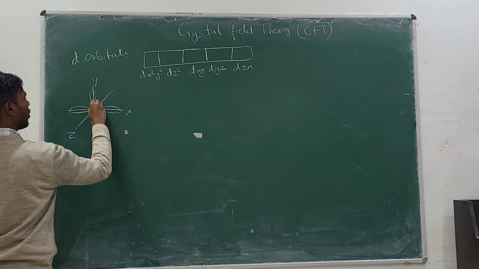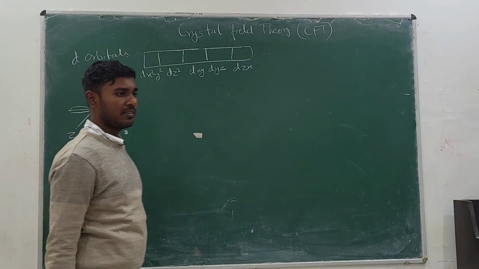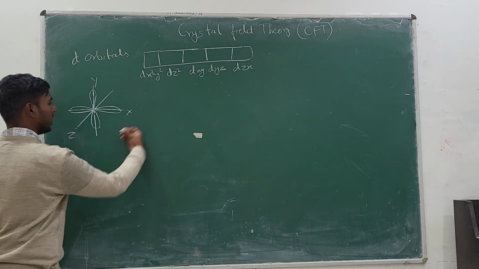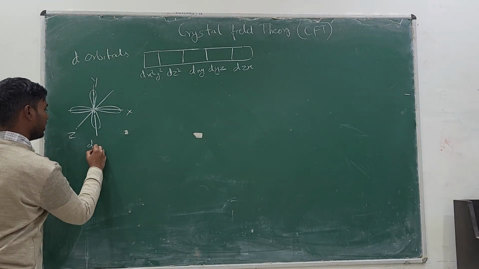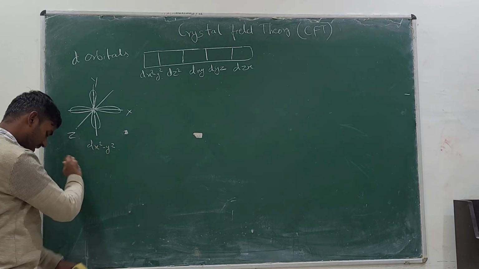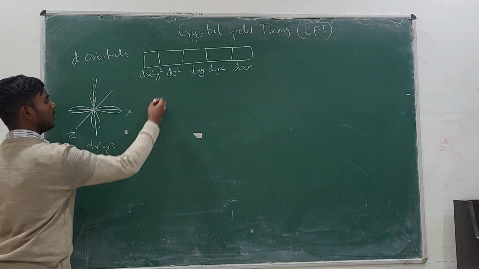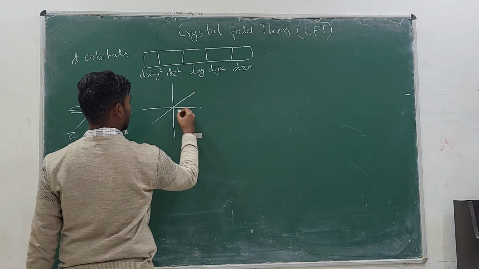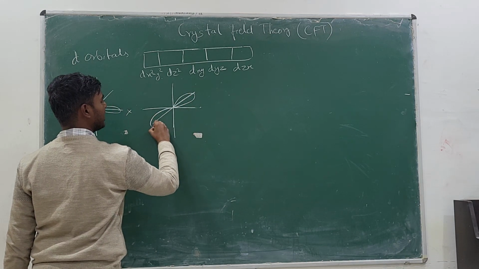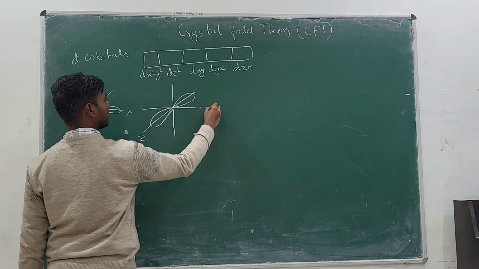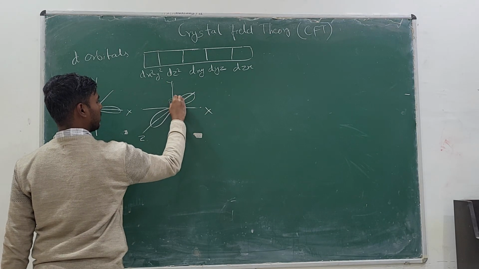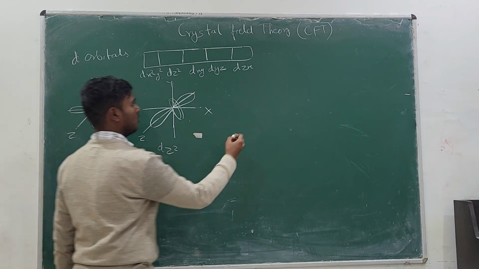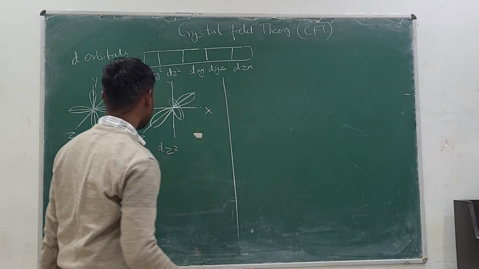These are the lobes of these orbitals. You must have studied this in your previous classes of chemical bonding, but let's revise that for convenience. This one is our dx square minus y square, which is arranged along the x axis and y axis. Now we will see dz square. dz square is an axial orbital arranged along the z axis. Moving forward, these are our axial orbitals.